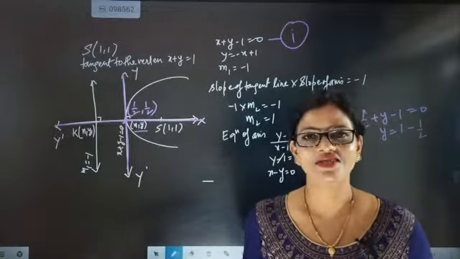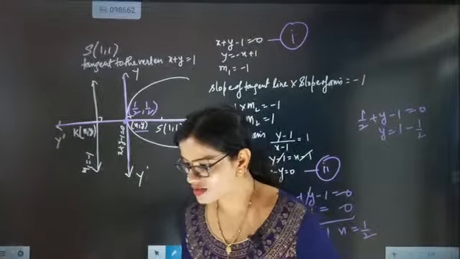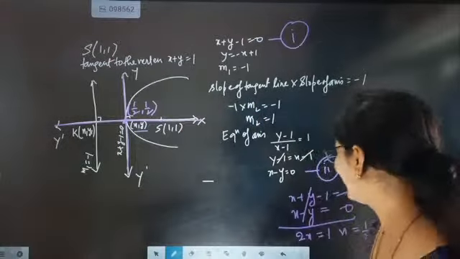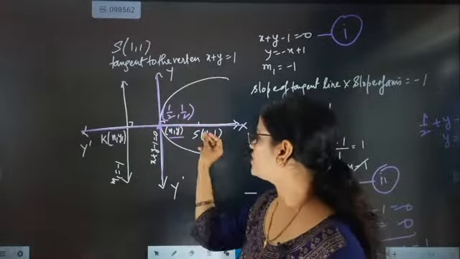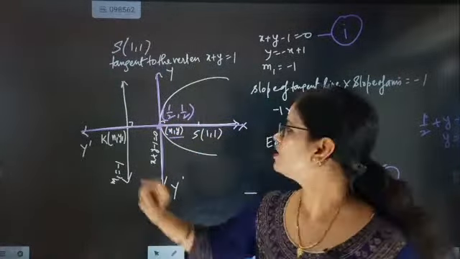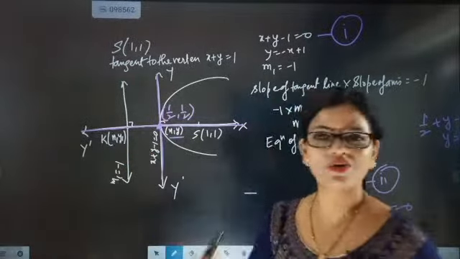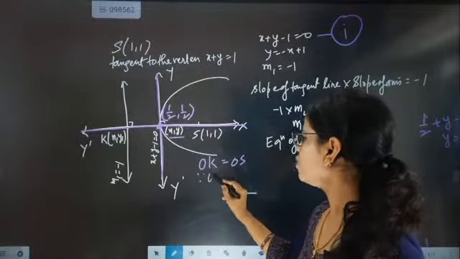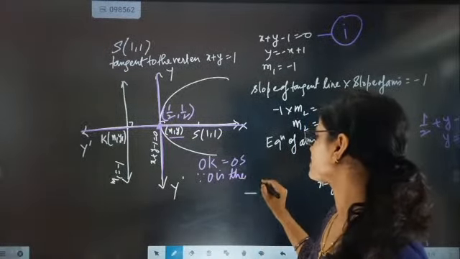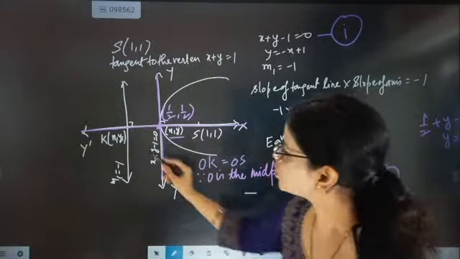Now everything is nearly done. We got this point, we have the focus, and only one small work remains, which is to get K. Since OK equals OS, that means O is the midpoint.